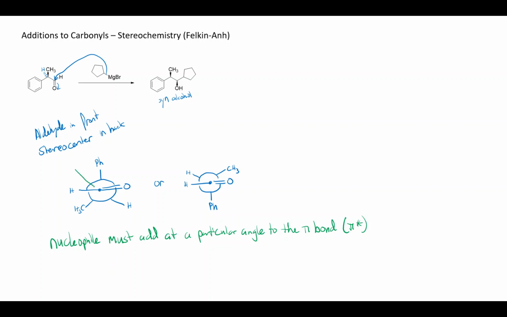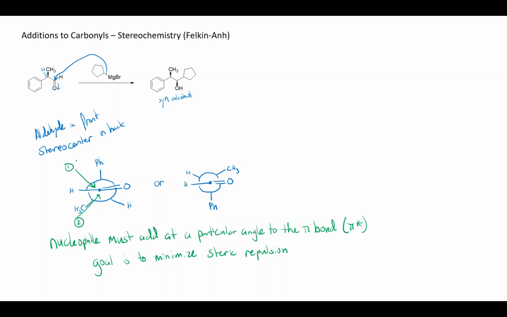It can either come in from this angle or it can come in from this angle. The goal of our approach is to minimize steric repulsion. So choice one or choice two.